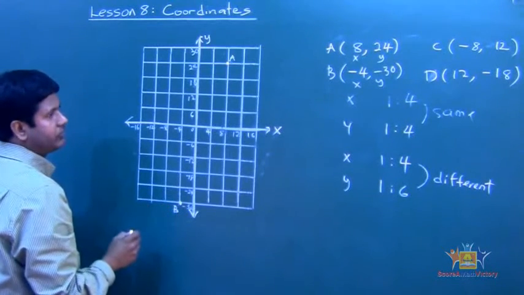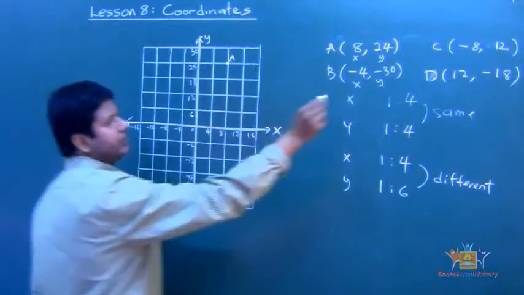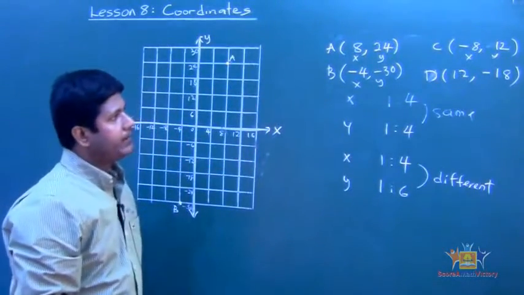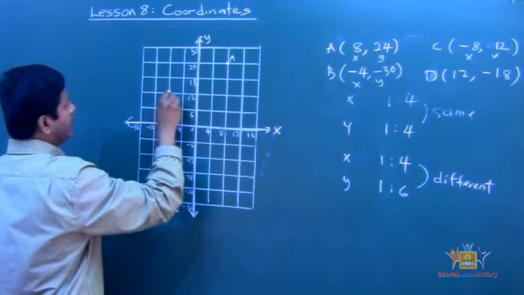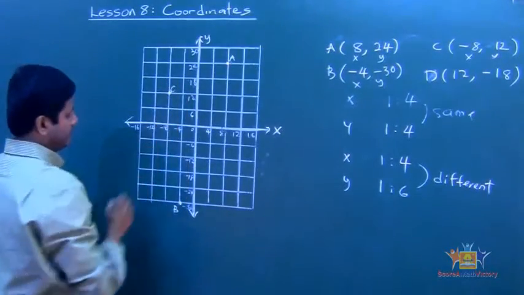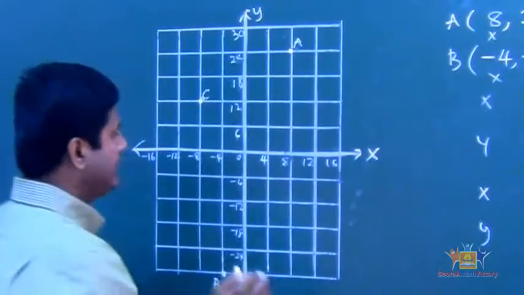And then let's look for C. C is -8, because C starts with X and then Y. -8 and then Y is 12. So -8 and 12 right there. That's your C. Now let's do D. D is 12, -18.